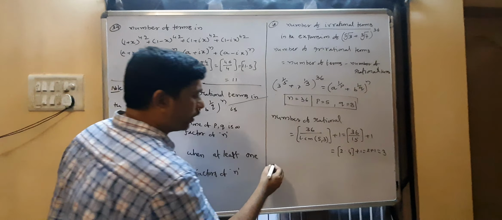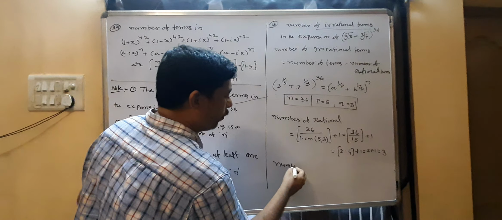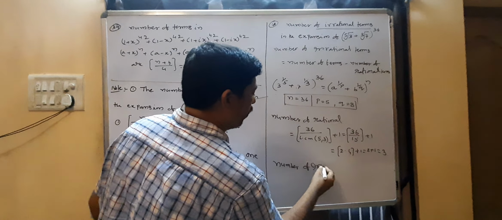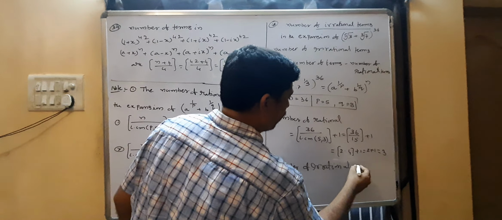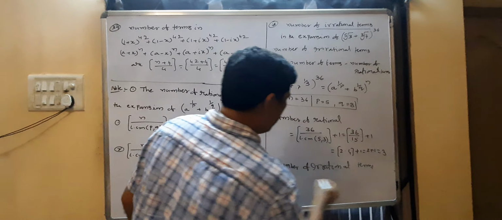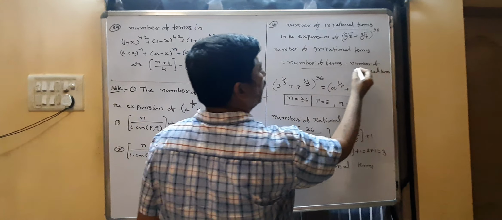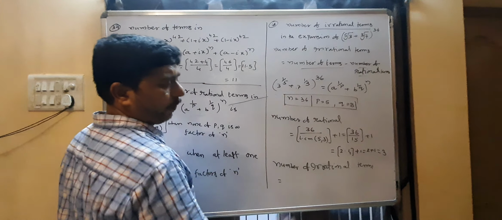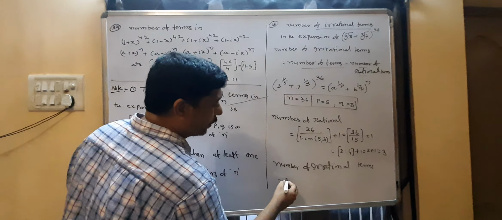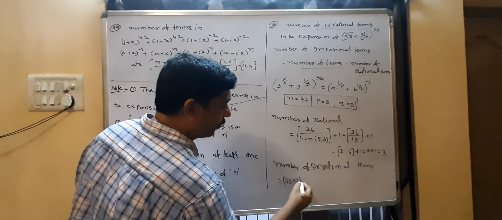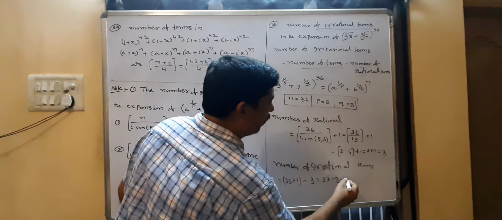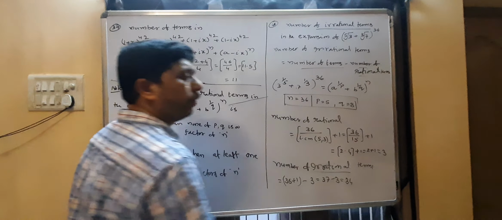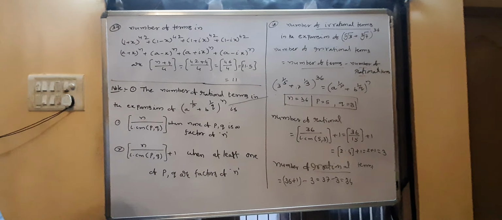Therefore, number of irrational terms equal to number of terms minus number of rational. Number of terms means 36 + 1, n + 1 terms, minus number of rational, 3. That is 37 - 3, 34 irrational terms you have.